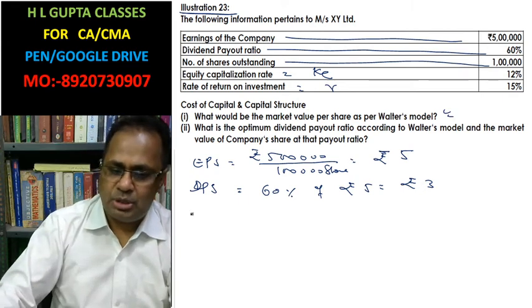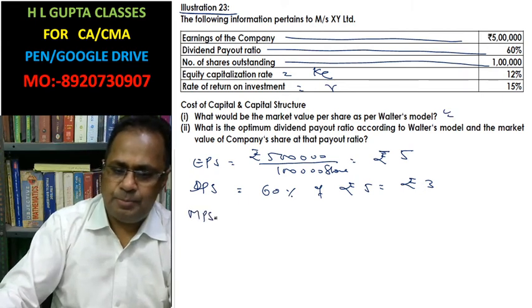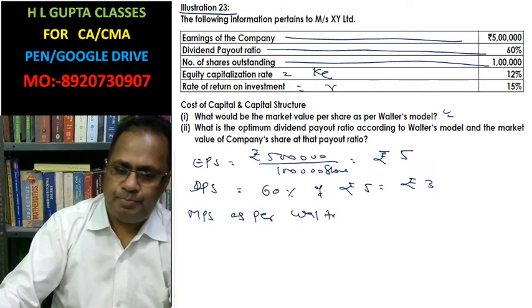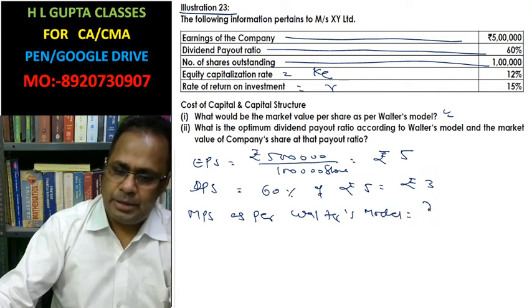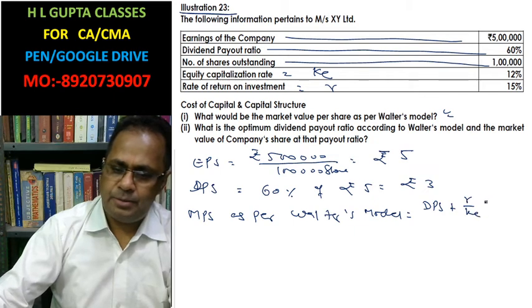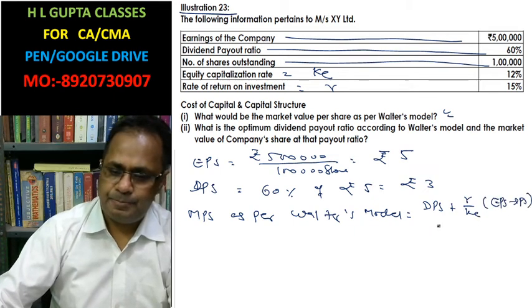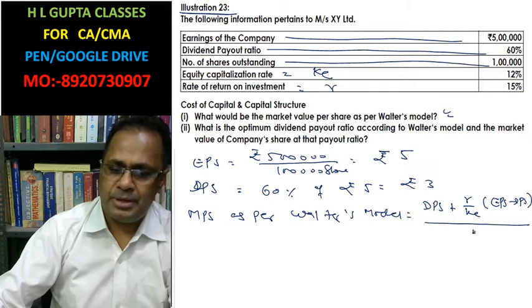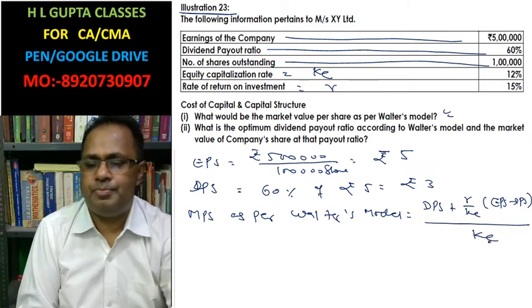And Walters model, market price per share as per Walters model: dividend per share plus R divided by KE into EPS minus DPS, whole divided by KE. This is the formula.